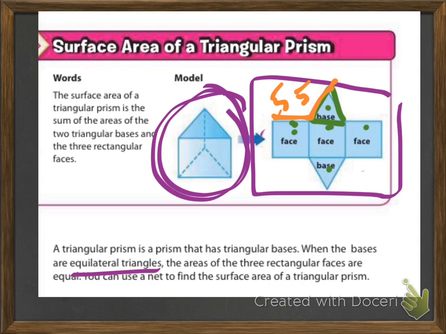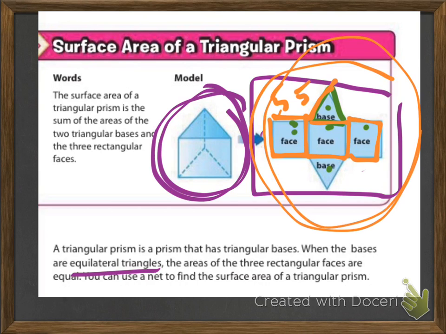So this is also 5. If this is 5, then this is 5. And it just continues from that point on. So they all end up being 5, and they're all equal, and that means that these are all equal sides as well. All right, and so that's very rare. That's with equilateral triangles. You can use a net to find the surface area of a triangular prism.